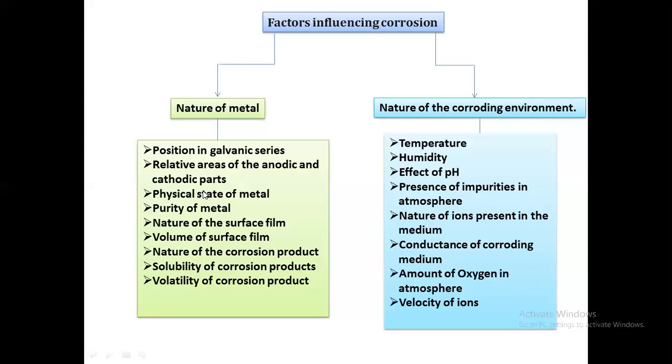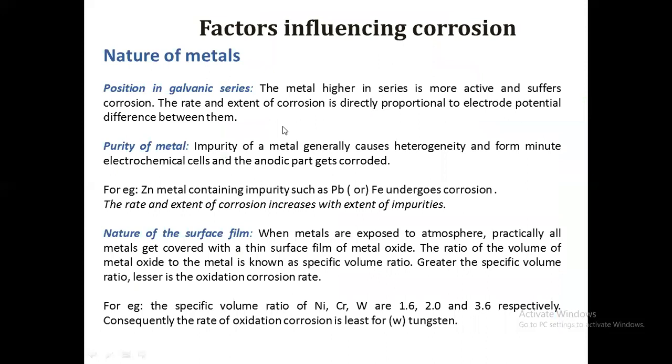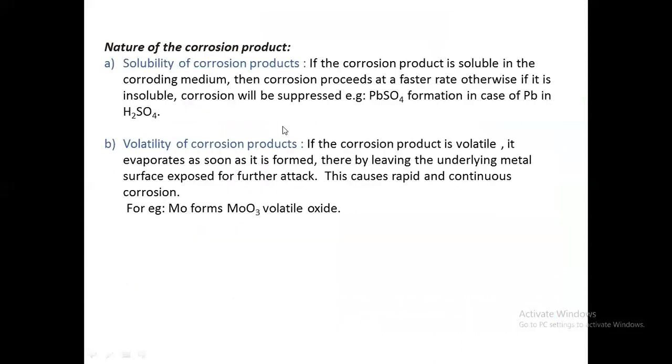And the nature of the corrosion products: the solubility of the corrosion product and its volatility should be considered. If a corrosion product is formed and, as soon as it forms, it dissolves in the medium, then it exposes our metal to those conditions more, and that leads to further corrosion of the metal.